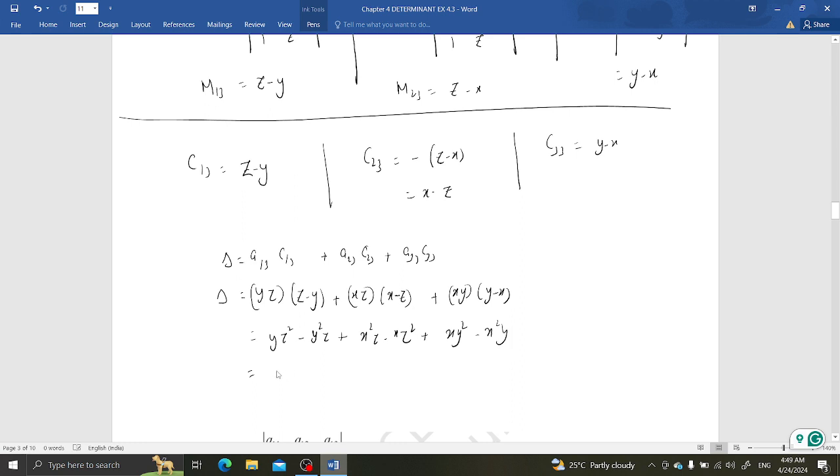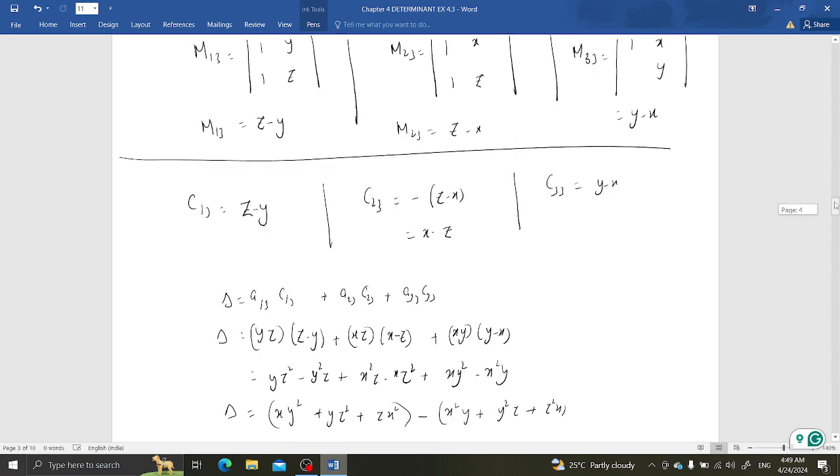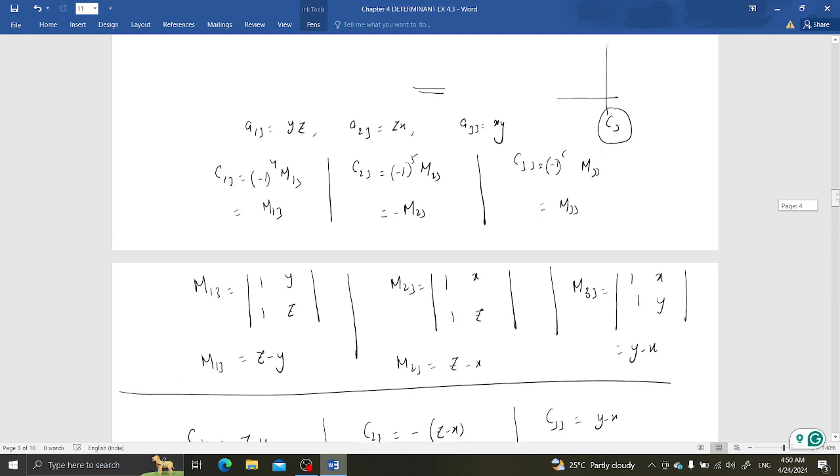Plus terms we are taking like XY square, then YZ square plus ZX square, and negative X square Y, Y square Z and Z square X. Okay, this is our determinant value, we can simply find. Understand or not? I hope you understand this thing.